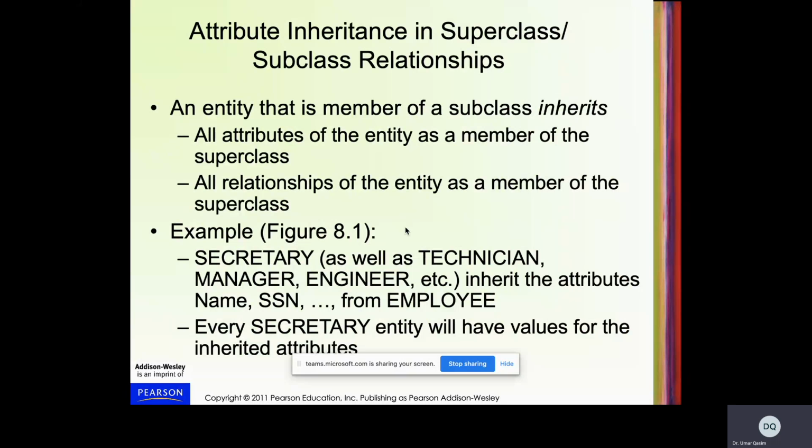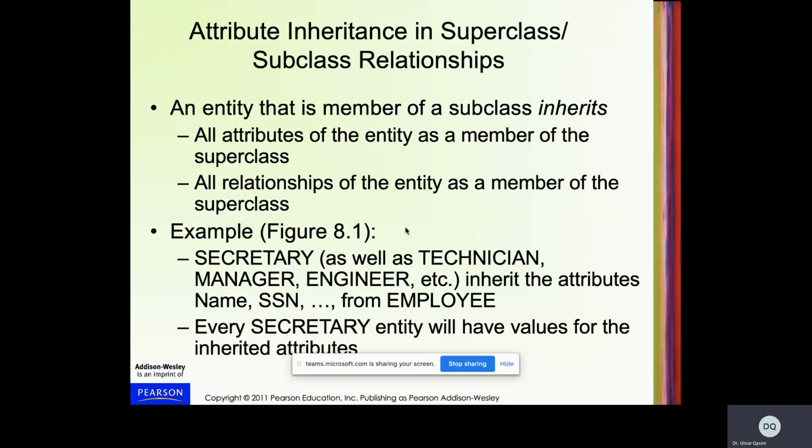All the attributes that are part of the employee entity type are automatically inherited, and all relationships as well. So relationships of the entity are also transferred or inherited by the subclass.